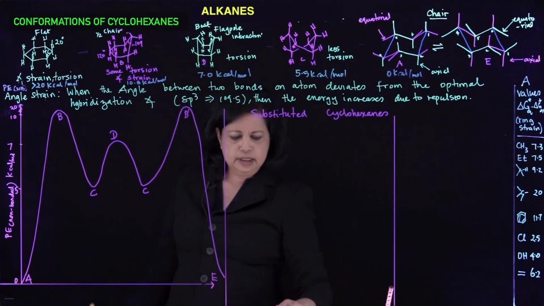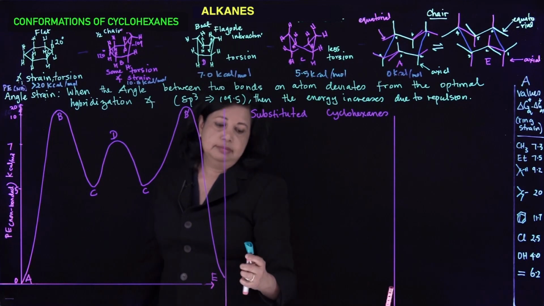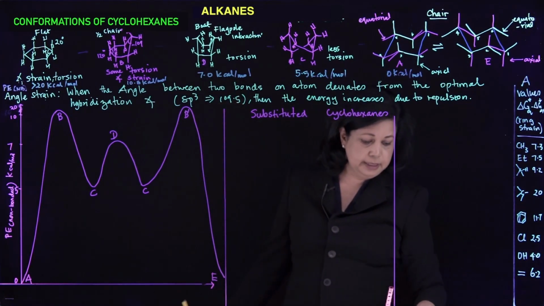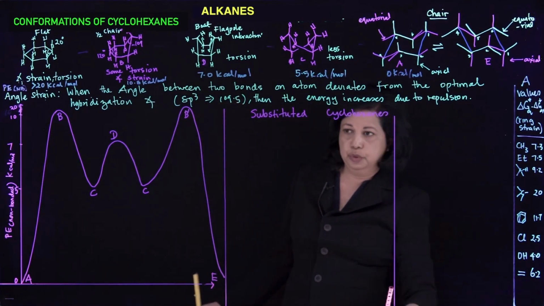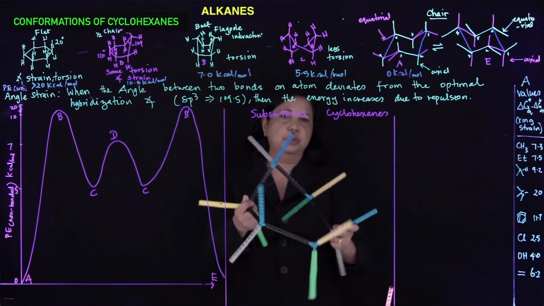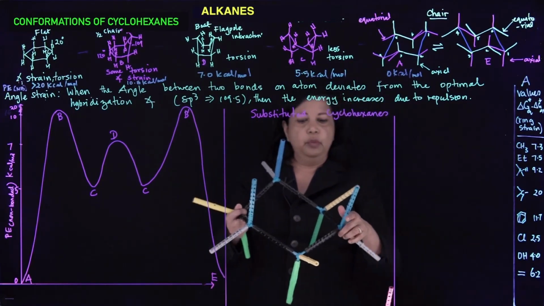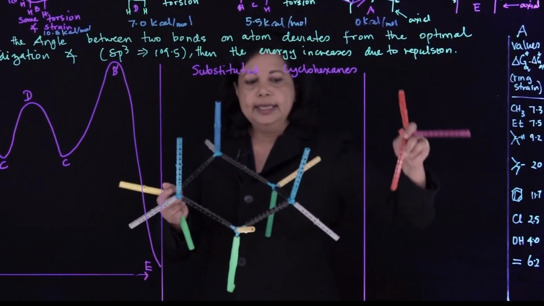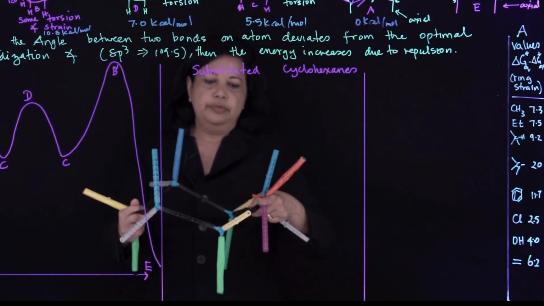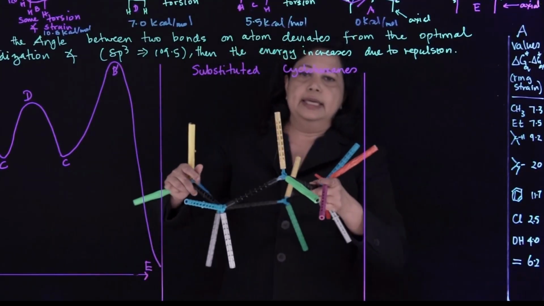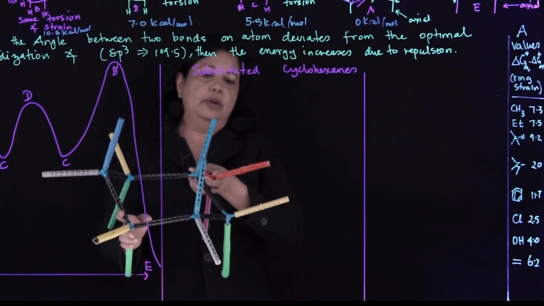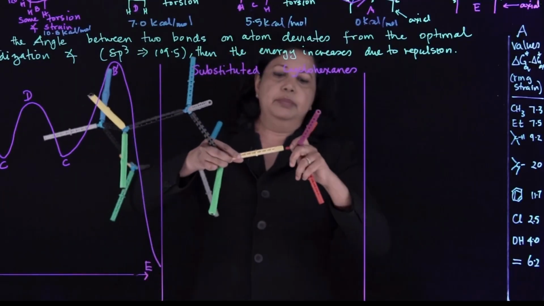All right, so that goes on probably millions of times per second, just a cyclohexane at room temperature. It's really super fast. All right, but when you put stuff on it, things are a little bit different. Let's say we have this cyclohexane here, and well, what's the point in just having a plain old ring?